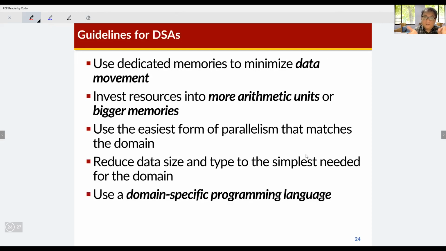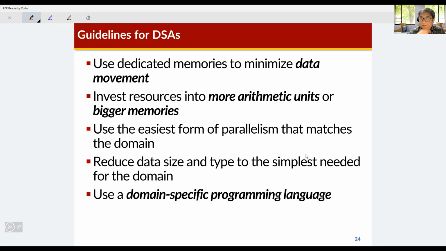So these are the guidelines of the domain-specific architectures. The DSAs use dedicated memories in order to minimize the data movement, because data movement cost is also very critical. And in order to exploit parallel processing or more efficient computation, domain-specific architectures can include more resources, like more arithmetic units or bigger memories inside of the processor chip.